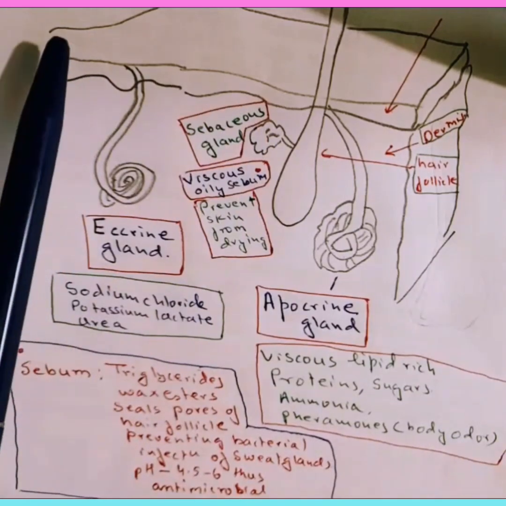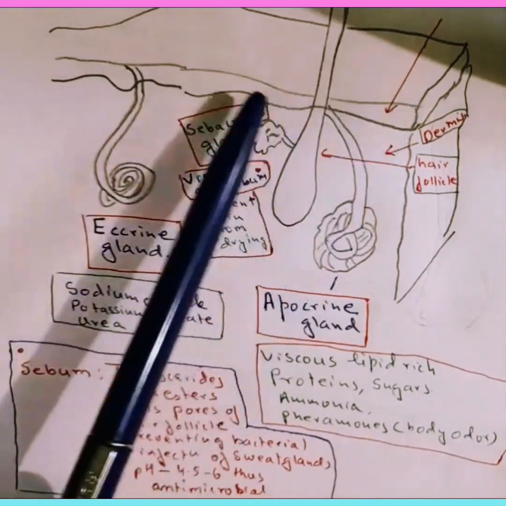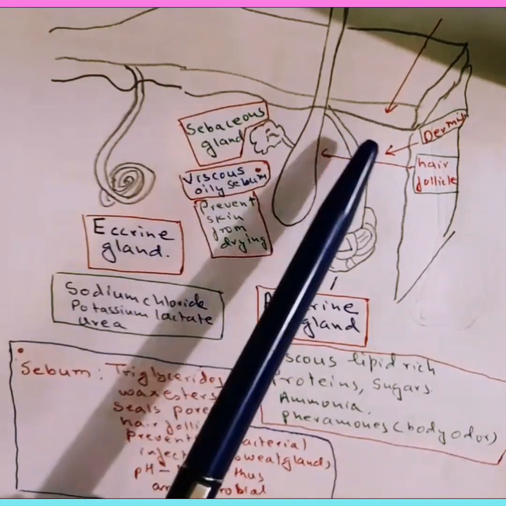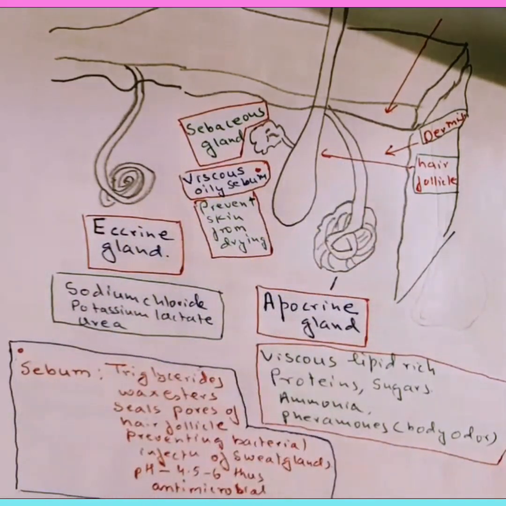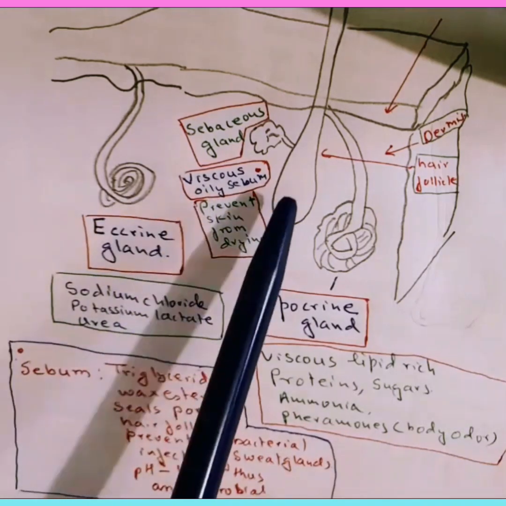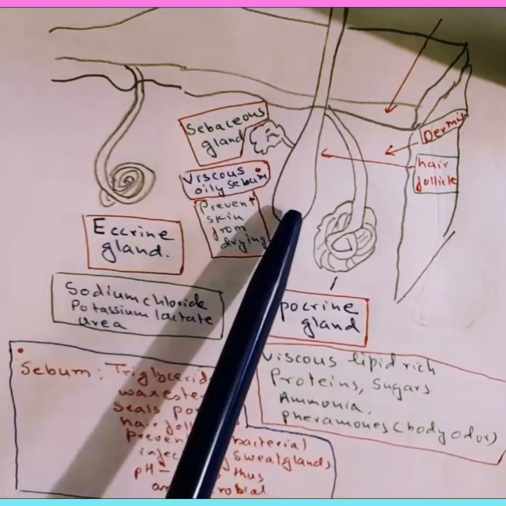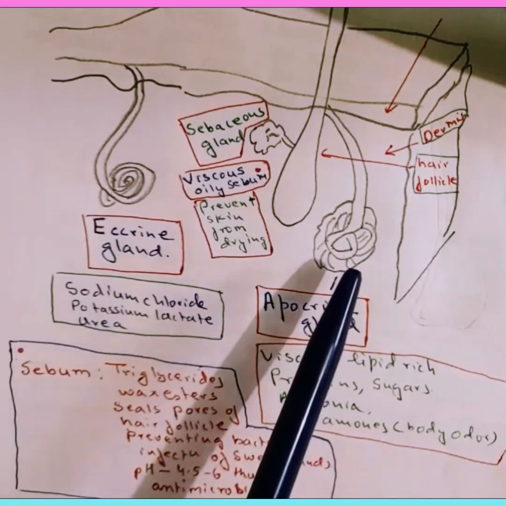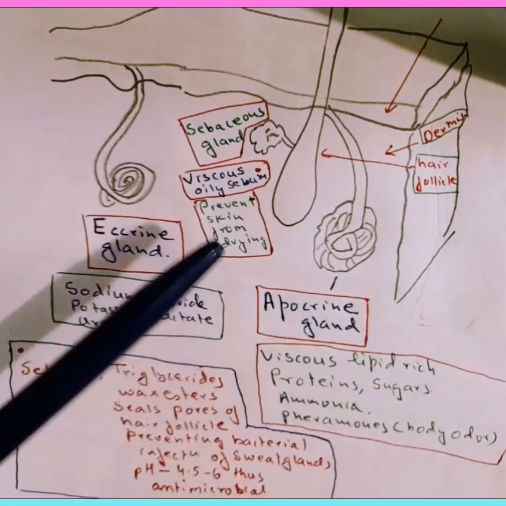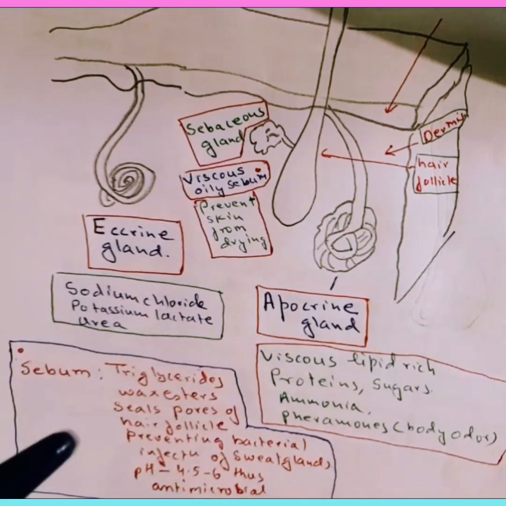Skin has epidermis, the upper layer. Below it, it's dermis. Dermis is impregnated with, obviously we see, hair follicles here. It has got eccrine gland, it has got apocrine gland, and it has got sebaceous gland.